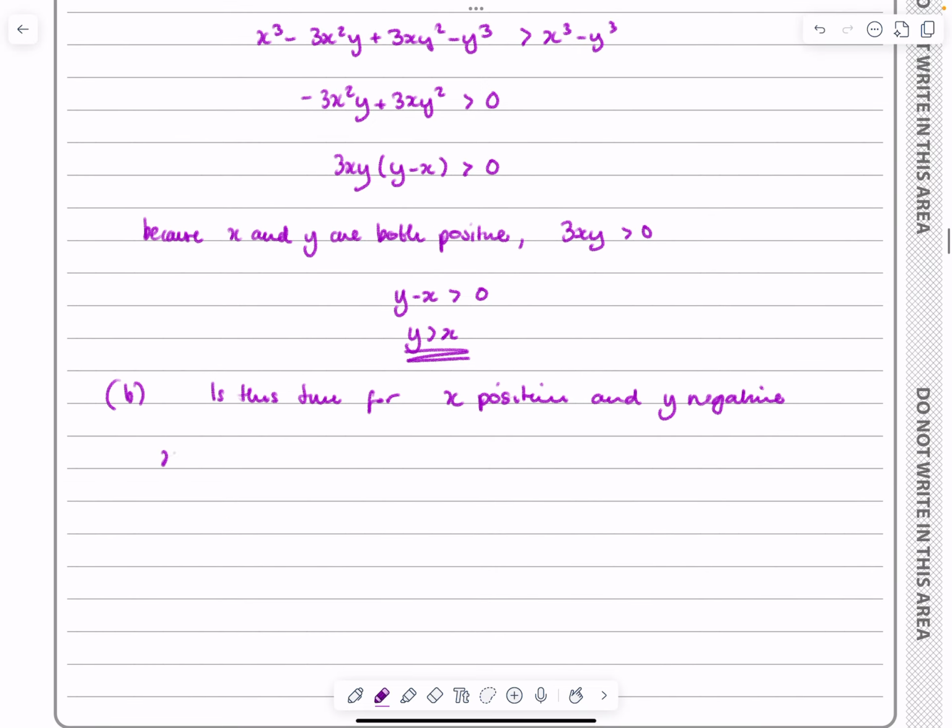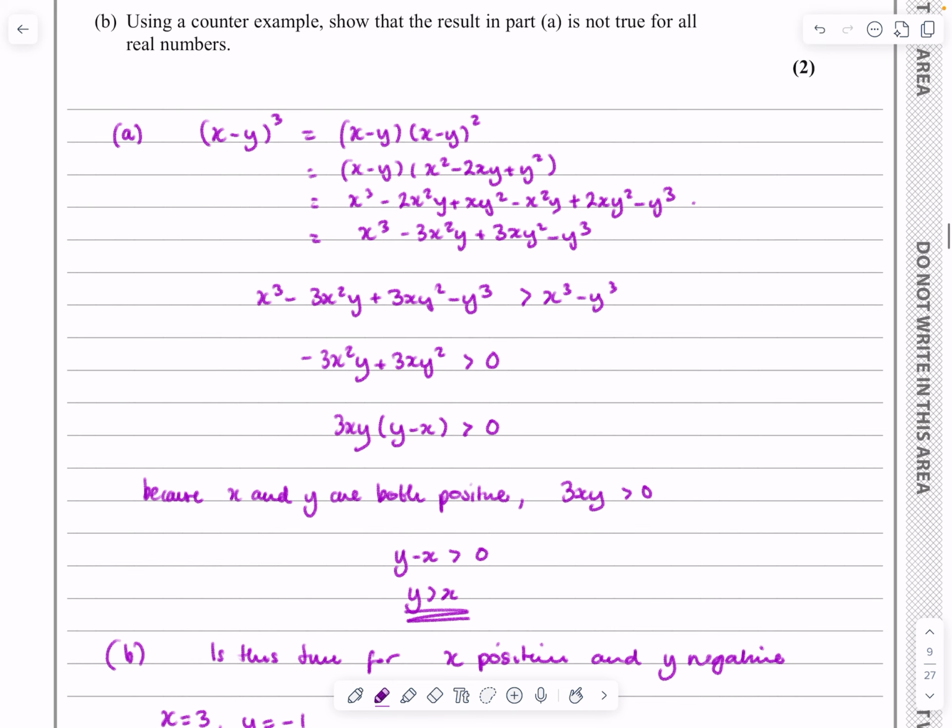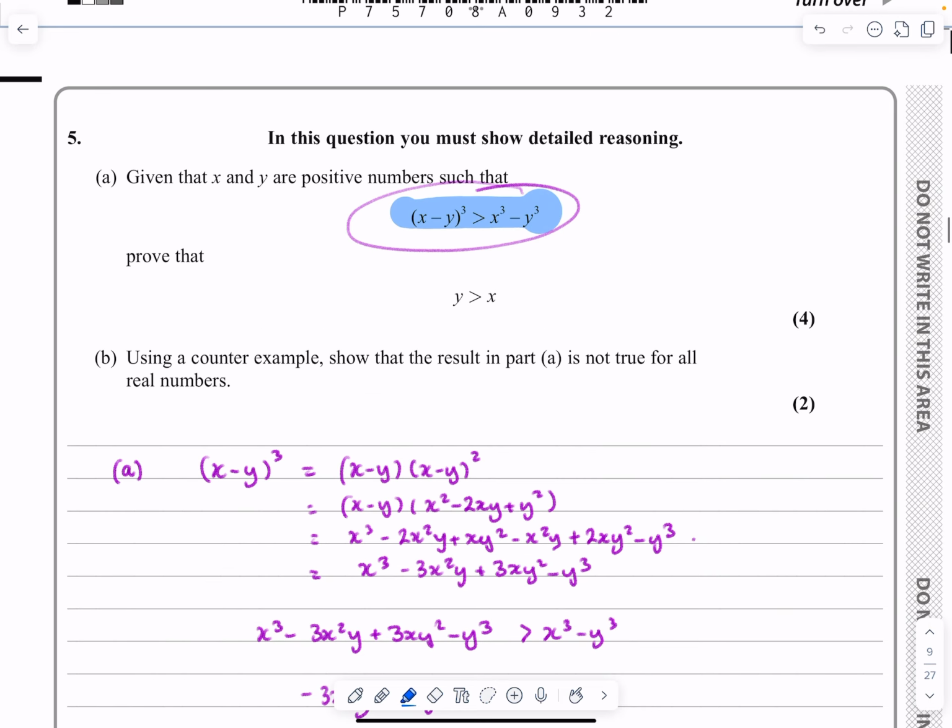So said counterexample, let's pick a value, x equals 3 and y equals minus 1. If x equals 3 and y equals minus 1, do we get this first part up here holding out to be true?